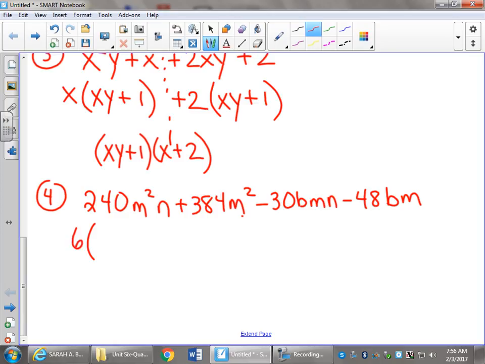So 240 divided by 6 is going to give me 40 m squared n plus 384 divided by 6. No, it's bigger than 6. I'm just a mess today. Oh, no, that's it. Plus 40 m squared n plus 64 m squared minus 5 bmn minus 8 bm.